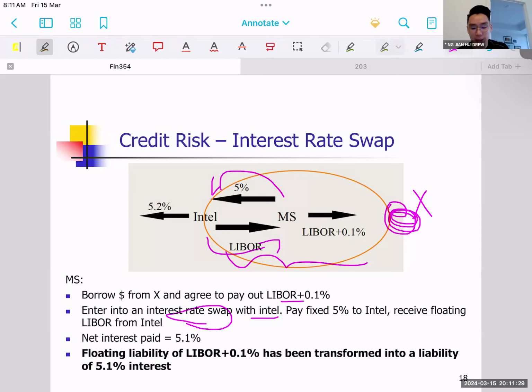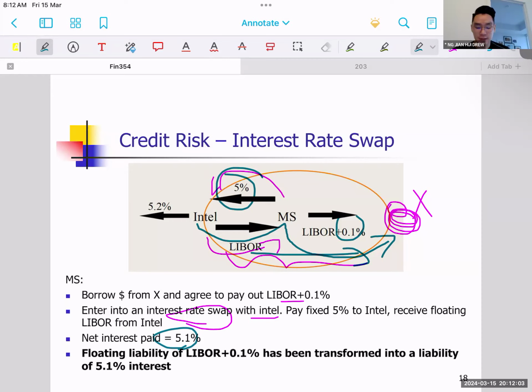So you can see that LIBOR is going from Intel to Microsoft and eventually to party X, which is who Microsoft is borrowing from. There's a pass-through of LIBOR, meaning that on a net basis, Microsoft is simply paying 5% plus 0.1%. And so in this case, we have created an interest rate swap from floating to fixed.